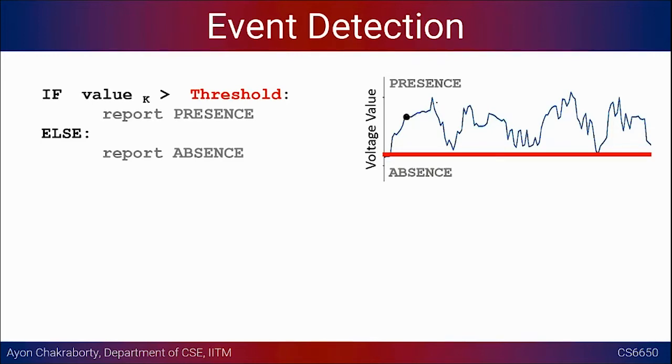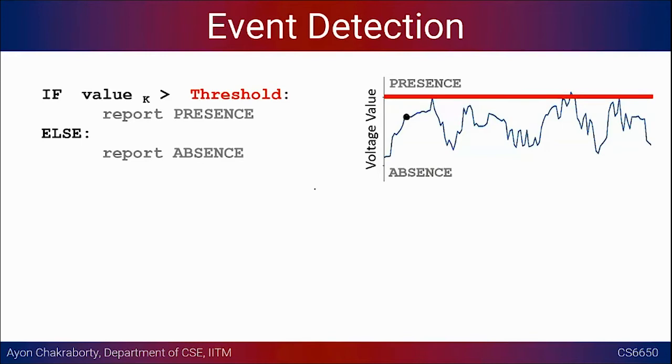The threshold is indicated by this red straight line on the right hand side. The threshold could be variable. It could be at this location, or at this location, and so on. So our task is to figure out what is the right choice of the threshold.